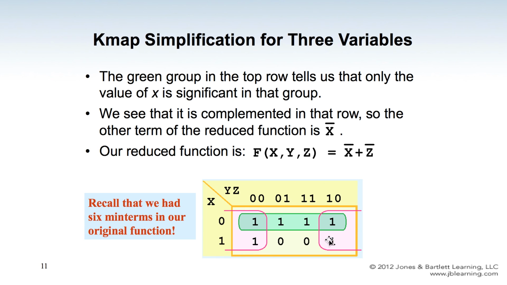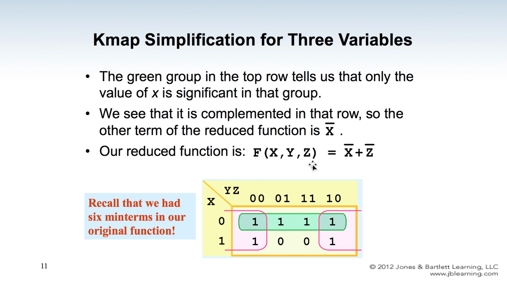Similarly, in the second group right here, the value of x changes from 0 to 1, so x is dropped, and y also changes from 0 to 1, so y is dropped. The only value of z not changing is z equal to 0 in this grouping. So this group is represented by z naught. Okay, so that's the second term right here.